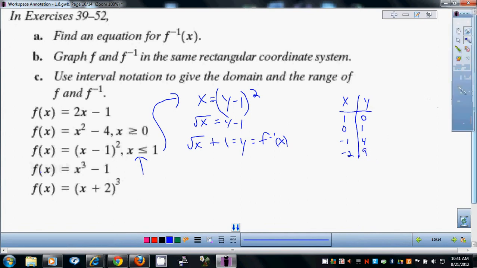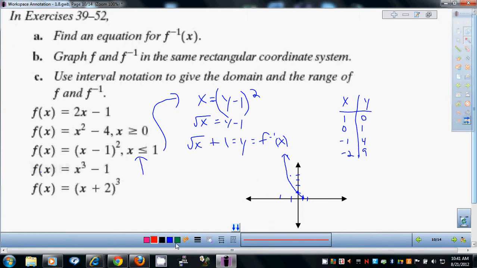Very good. So here I go. I'm ready to graph. Finally. I'm going to go ahead and graph that before I worry about my inverse. All right, so (1, 0), (0, 1), (-1, 4), and (-2, 9). And we're way up there. Arrow. Now, don't reinvent the wheel here.